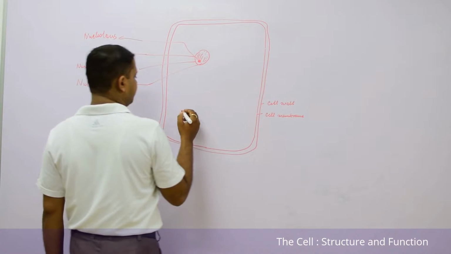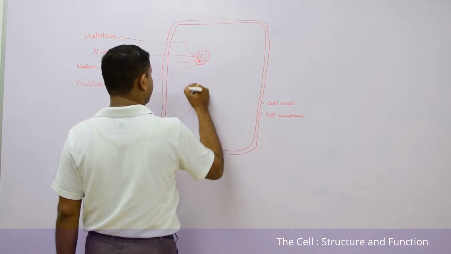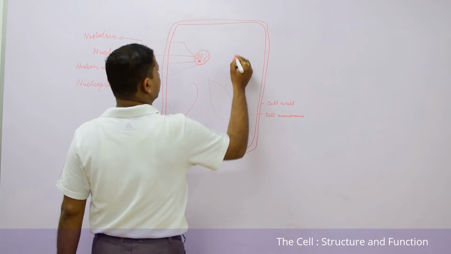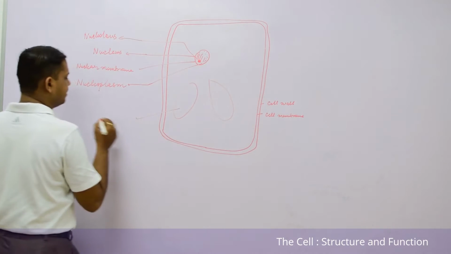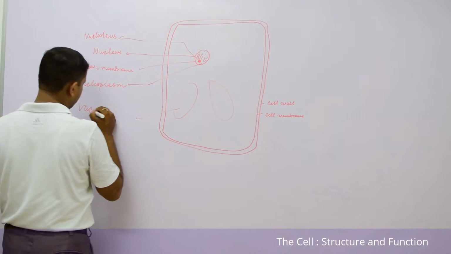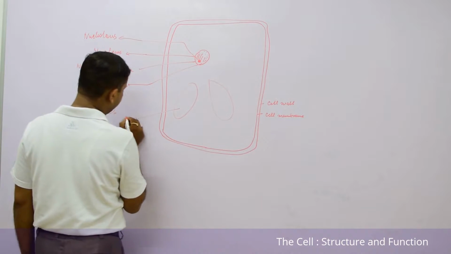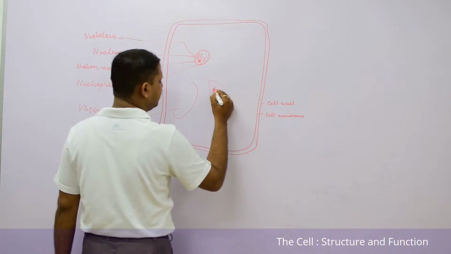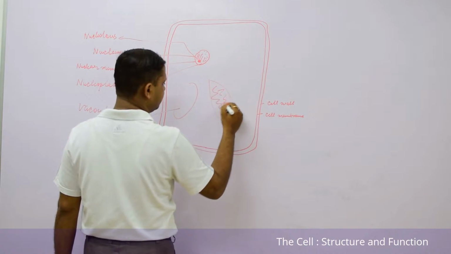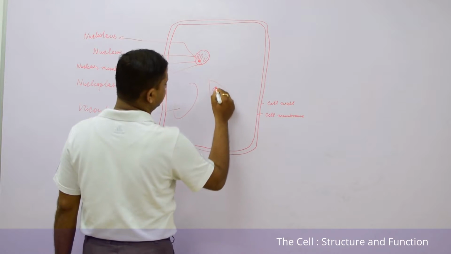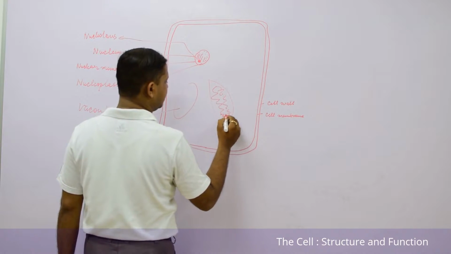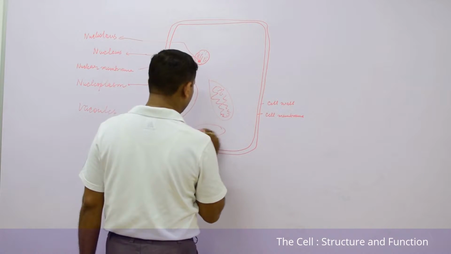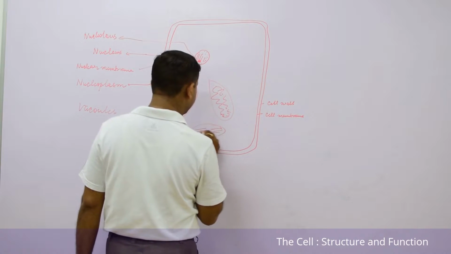As you can see, large vacuoles are also present. Here we will see the chloroplast, which is present inside the cell.